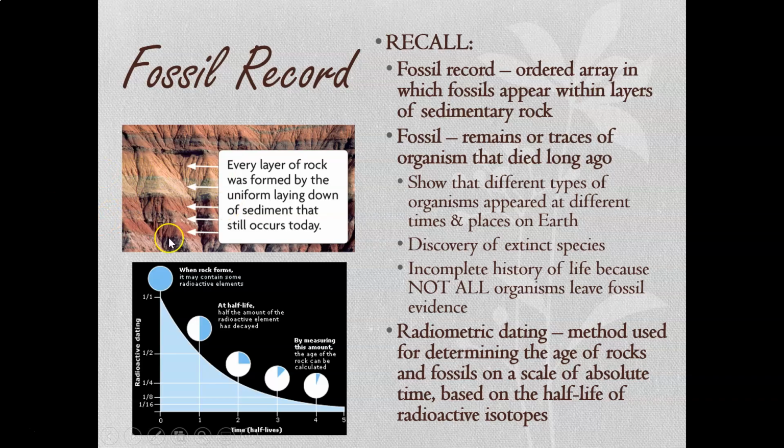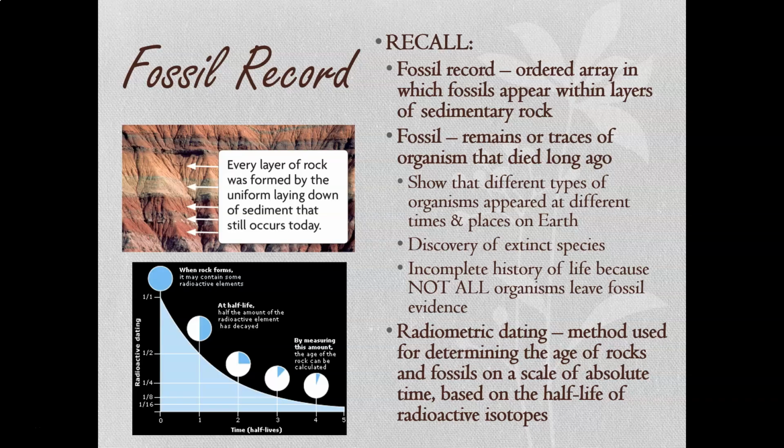So any of the organisms that happen to get trapped in that layer, or any remnants of those organisms that get trapped in those layers, have the potential to become fossilized based on the pressure of additional sediments layering on top of that. And eventually that turns into what we know as sedimentary rock.